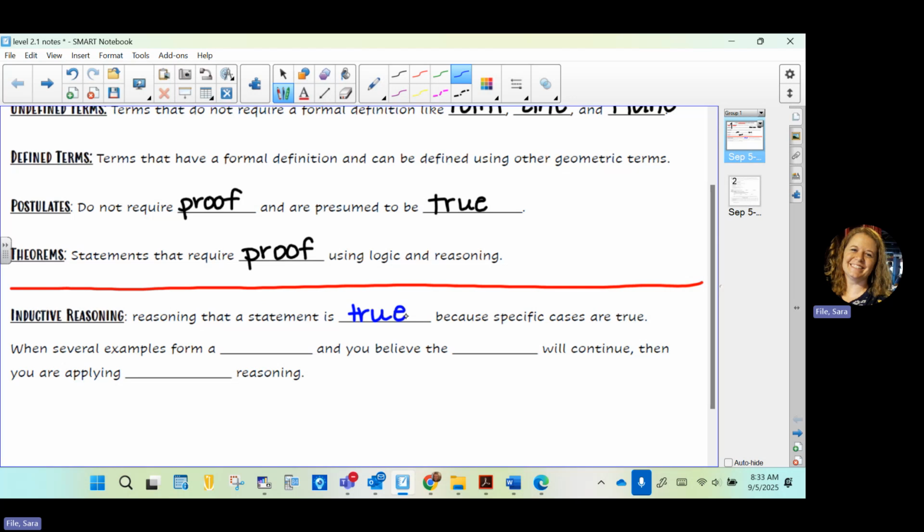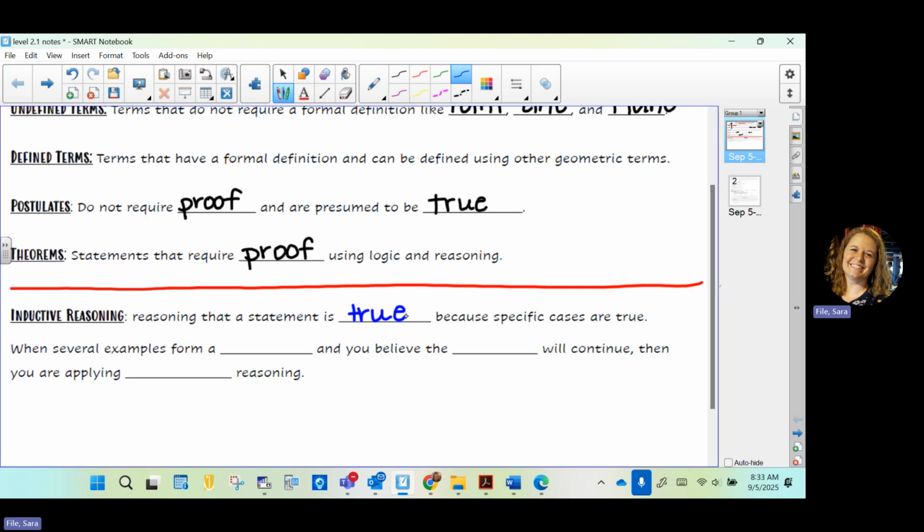It's the way that you think or reason. Inductive reasoning is going through this process in your head. You're like, I think that this is true because these examples or these other cases are true.